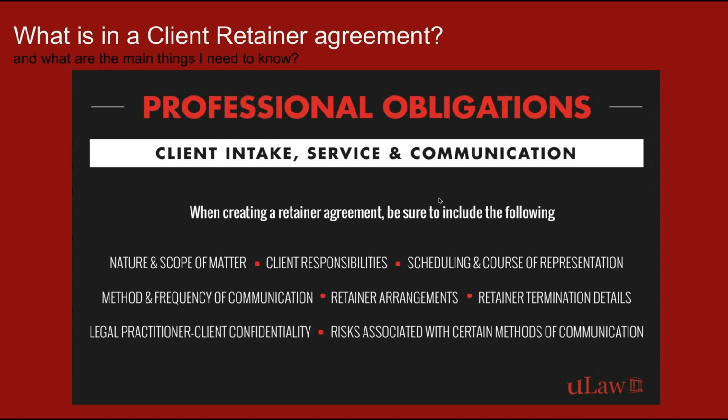So it is very important for you to make sure of the nature and scope of the matter, the client responsibilities, the method of communication, the course of representation, whether you would like to communicate through emails or through phone calls, or you want to use a different channel, whatever it is, you will have to make sure that you put it down in the retainer agreement and you both agree upon the same arrangements.